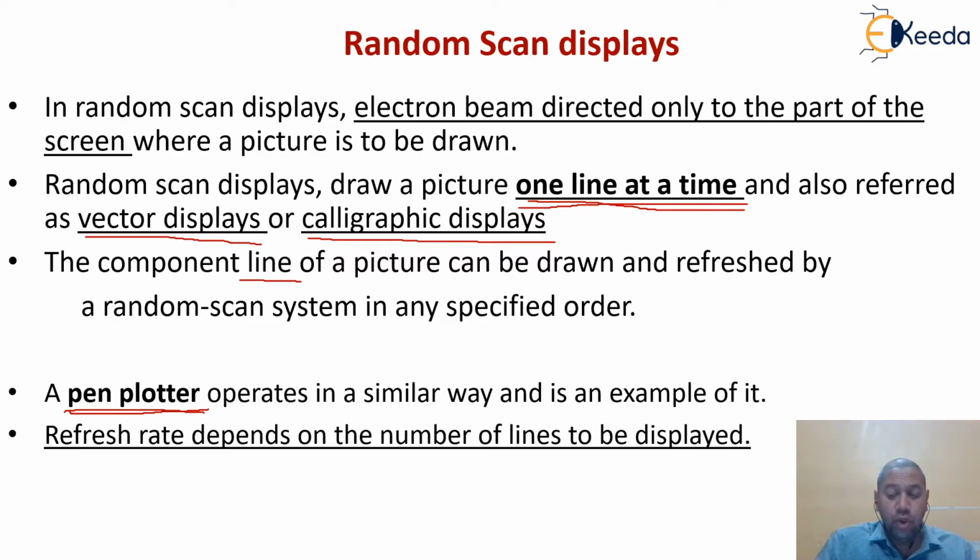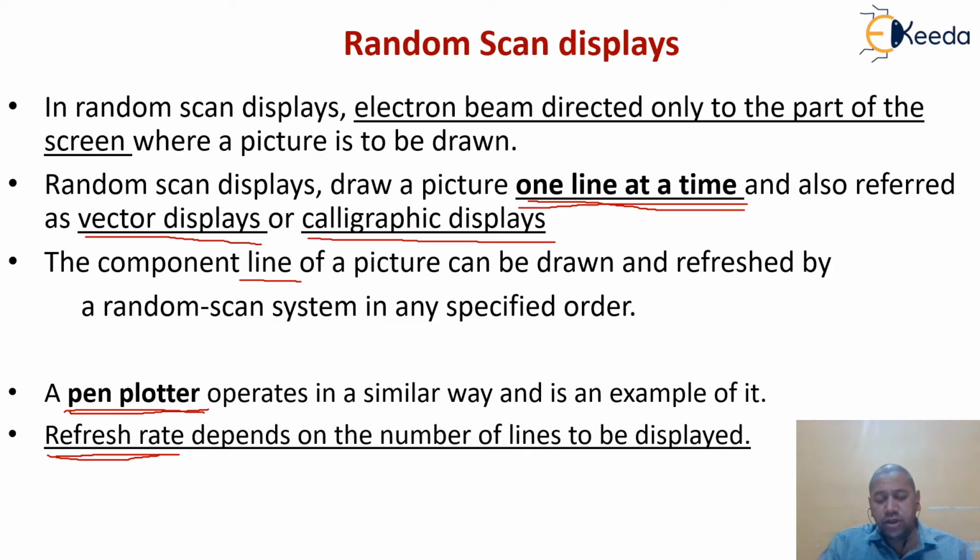Now in the previous case we have seen that in a raster scan system the complete picture should be redrawn, or refreshed. But here the refresh rate of the random scan system depends upon the number of lines to be displayed.